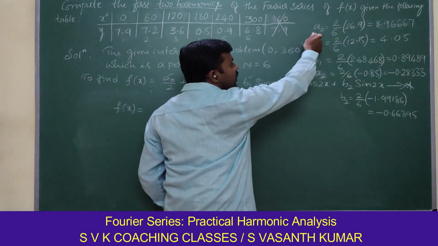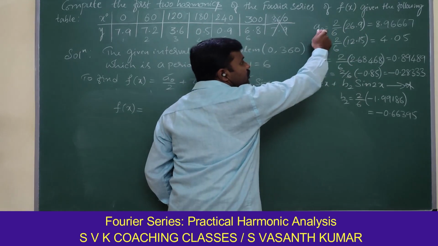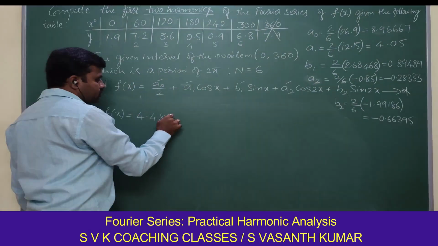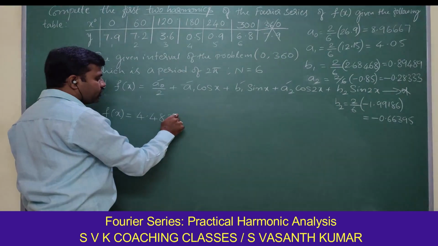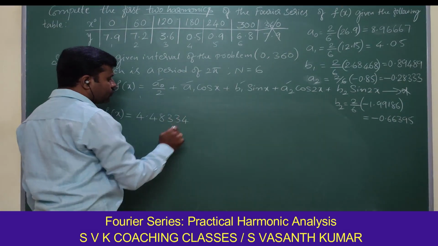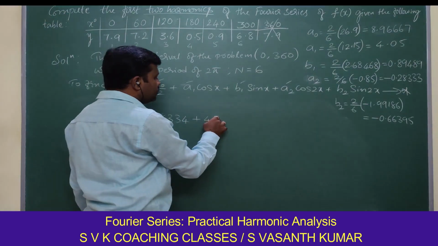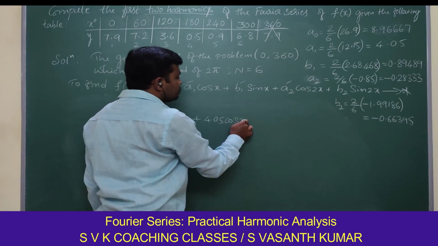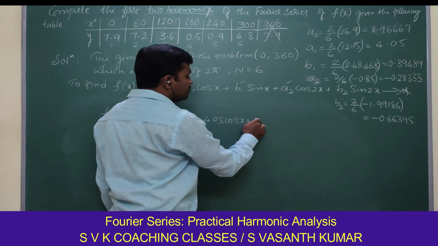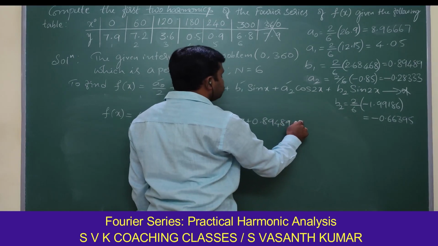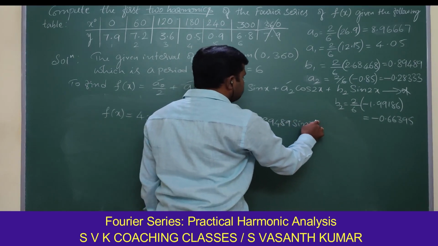We have found A0; divide this value by 2 and we get 4.48334, plus A1 is 4.05 cos x, plus B1 is 0.89489 sin x.